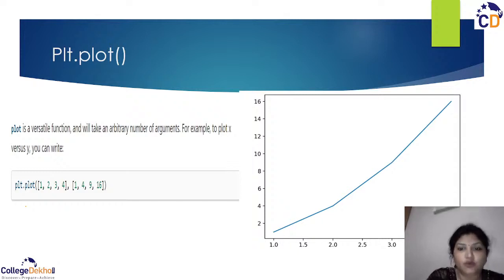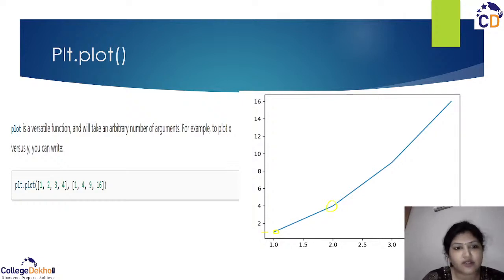Then 2, 4. Then you are putting 2 and then 4. So you are putting like this. Let me show you. The first value is 1, and this is also 1, so this is one point. Then the second point is 2, 4. Some tilt is coming in the graph.